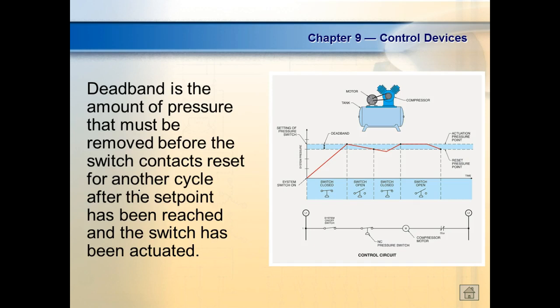So this is what we just showed, what we call the deadband. A lot of times, especially on a compressor, they'll have one switch that closes when it drops down to a certain level, and then another switch that closes when it gets up to a certain level. What happens is it cycles between those two levels, right? So if your compressor is running all the time, guys, it means you need a bigger compressor.